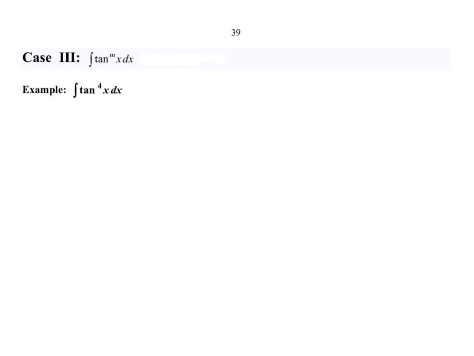Case 3, if we have tan only, no secant, with the power m a positive integer, then we do the following. For example, if we had tan to the power 4, then we always separate a tan square and write the remainder. What is the remainder in this case?